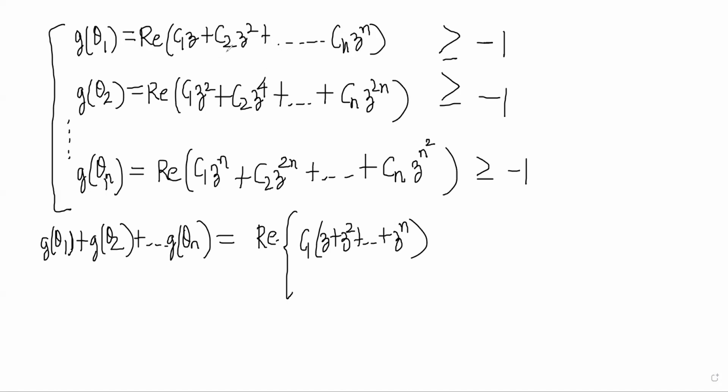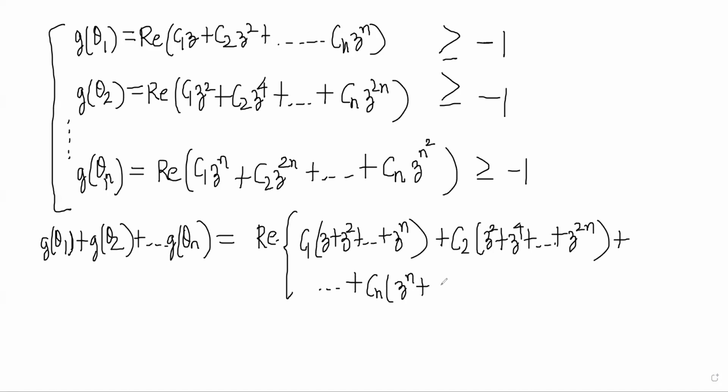Then you can take c2 common and you get z square plus z power 4 plus z power 2n, and so on. Then lastly, you take cn common. You get z power n plus z power 2n plus z power n square. The whole thing is greater than or equal to -n, right?